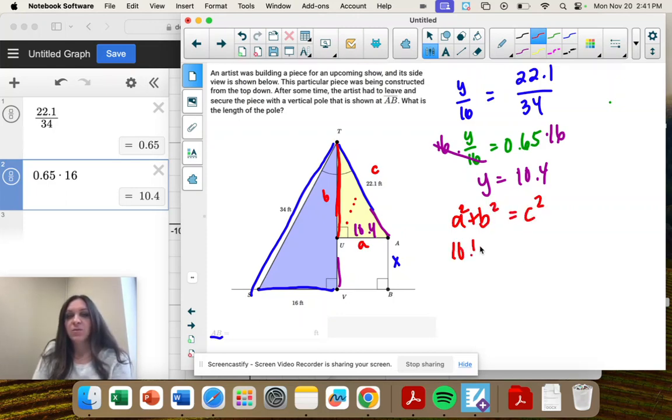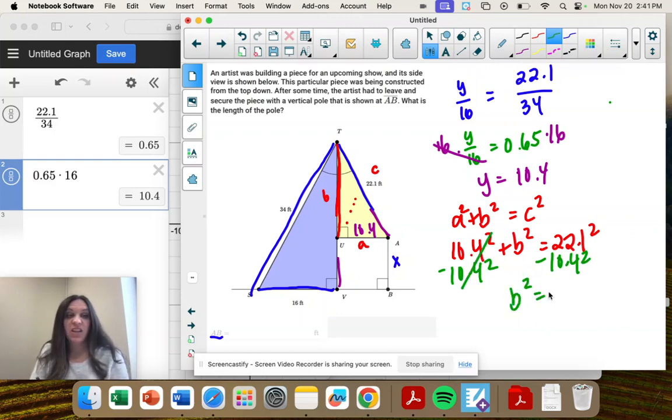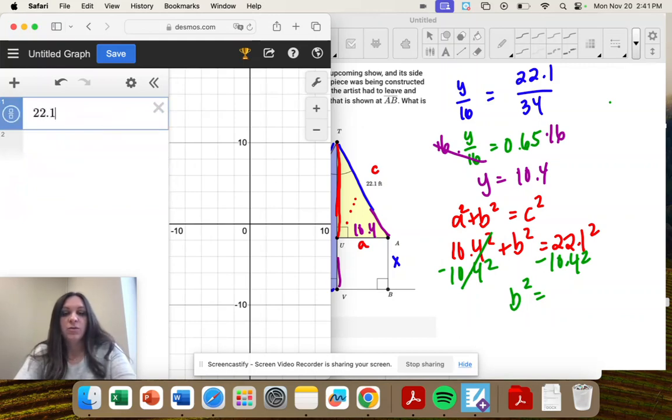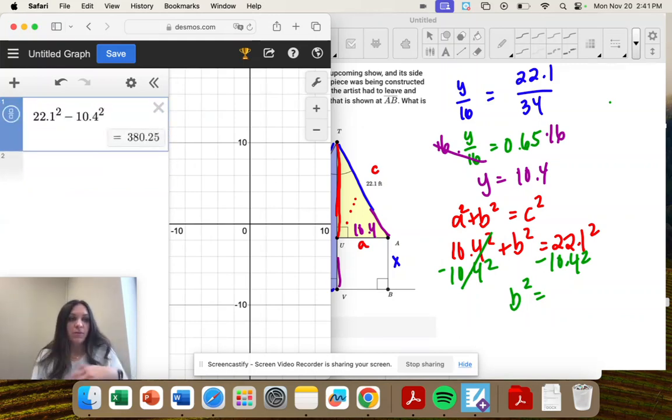So A is 10.4 squared, B squared, and then C is 22.1. And to get B by itself, we're going to subtract. So I'm going to subtract 10.4 squared before I even calculate anything. So now I have 22.1 squared minus 10.4 squared.